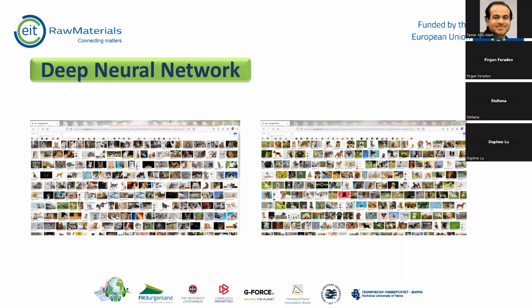So if you ever open Google Photos, and you, for example, write down car, it will go through all of your pictures and find the ones where there is a car. Even if it's in the background, it will find it. So that's the strength of these approaches, but they require a lot of data, really a lot of data.